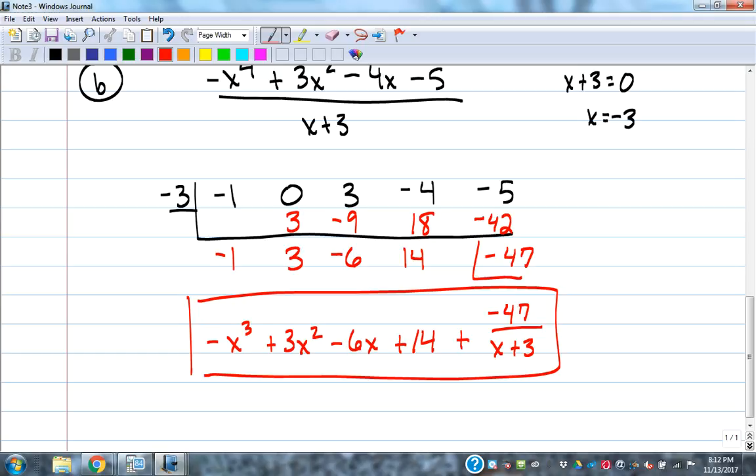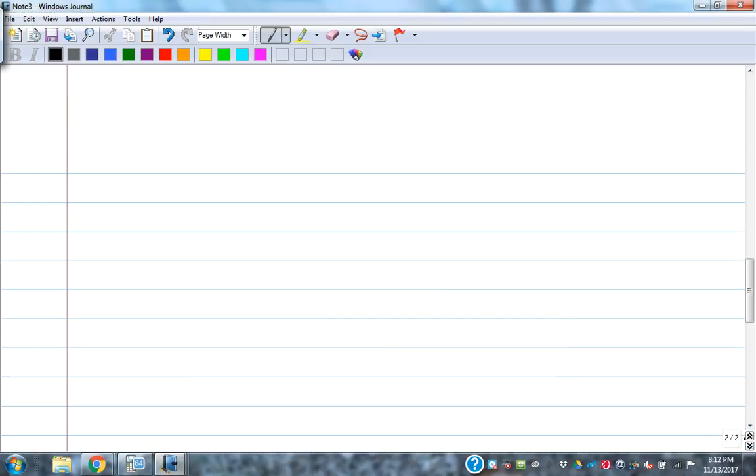Next week we'll talk about how this relates to taking a polynomial and breaking it down. All right, so let's look at the remainder and factor theorem and how it relates to this.